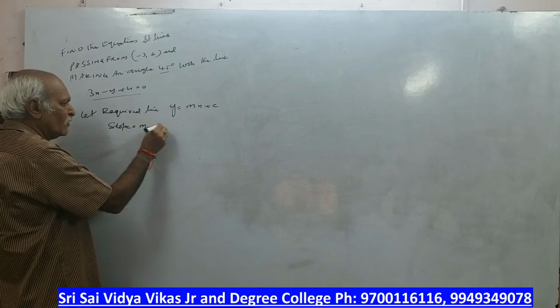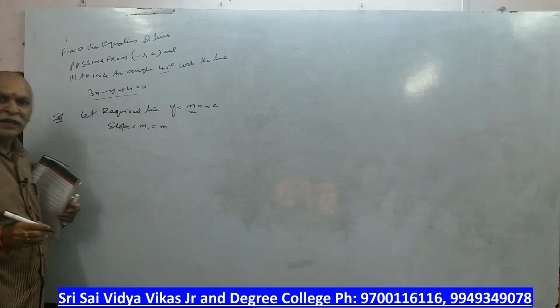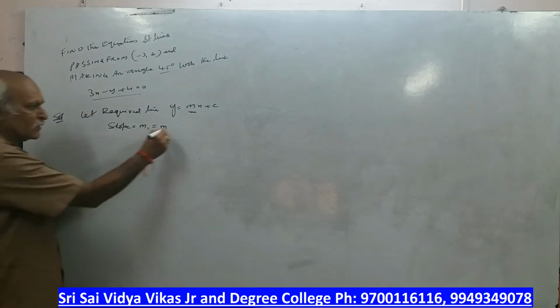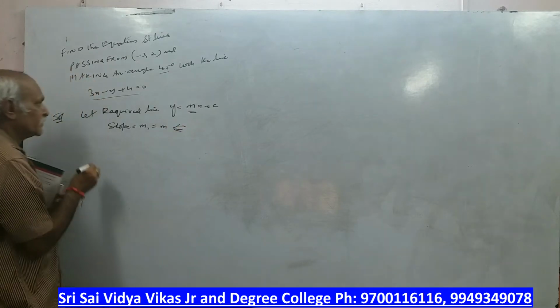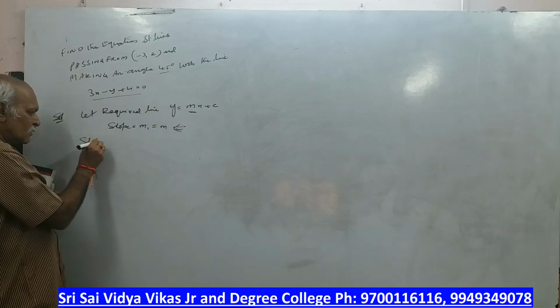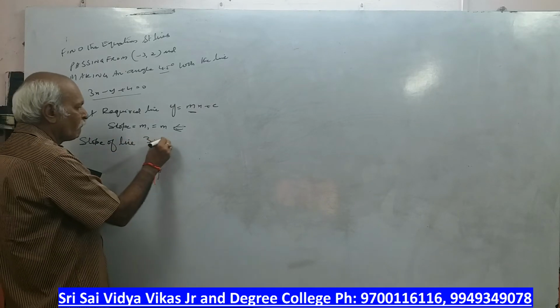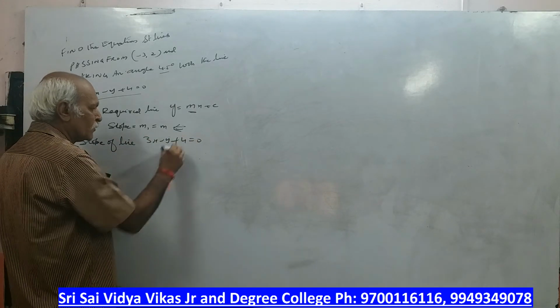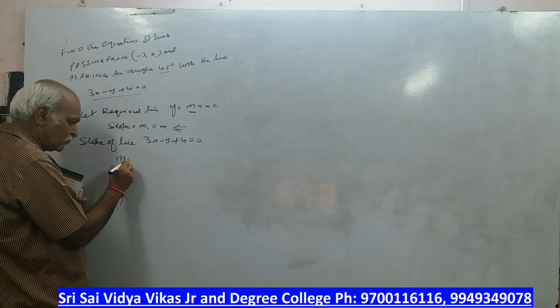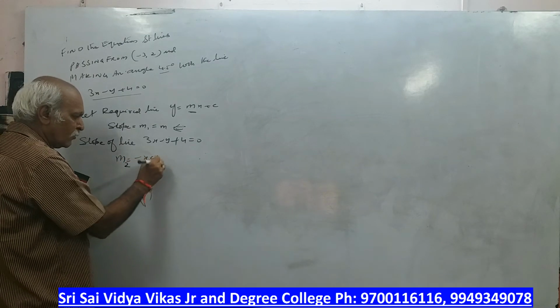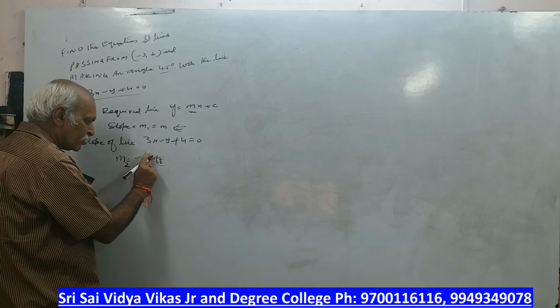We call it m1 is equal to m. M is the slope of this line. So this is the first point you have to remember. Next, slope of the line 3x minus y plus 4 is m2 is equal to minus x coefficient by y coefficient.